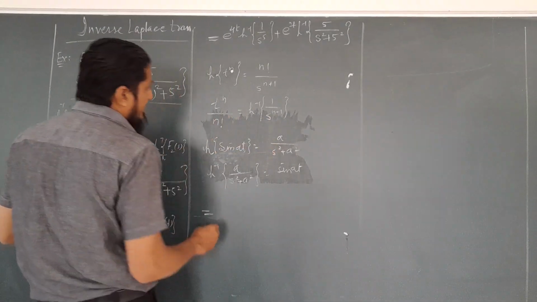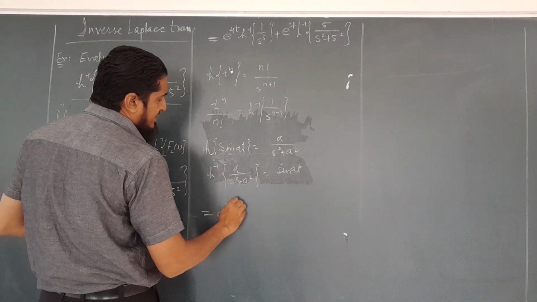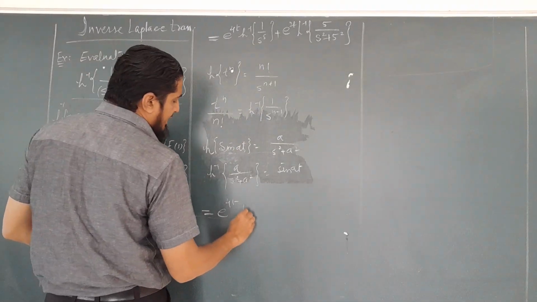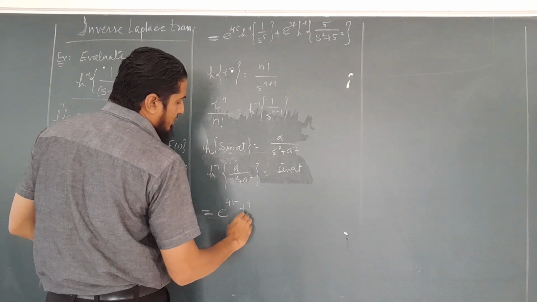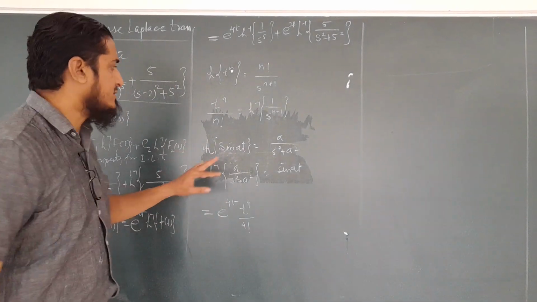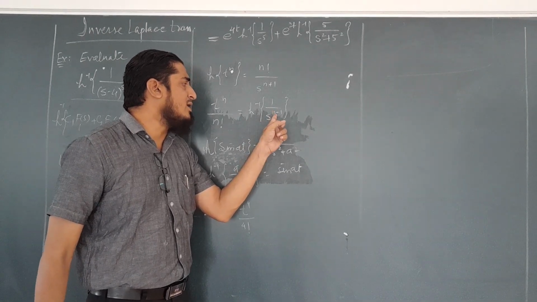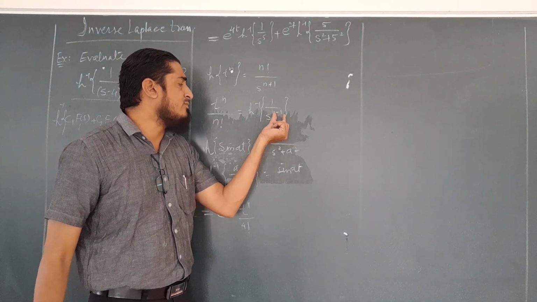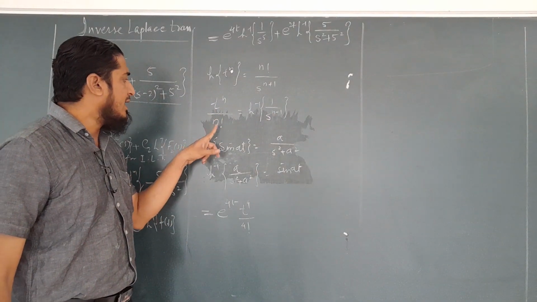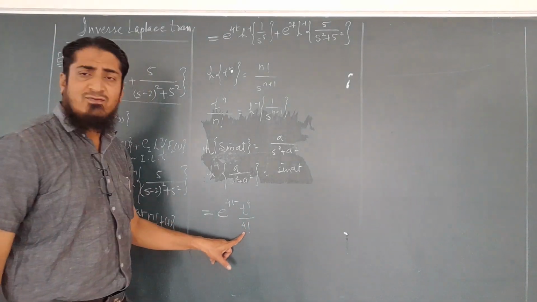So we get e raised to 4t as it is, and the inverse Laplace transform of 1 upon s raised to 5 will be t raised to 4 upon 4 factorial. Is it correct? Yes. Why? Because we are just reducing the power of s raised to n plus 1 by 1, we get t raised to n upon n factorial, so we get t raised to 4 upon 4 factorial.